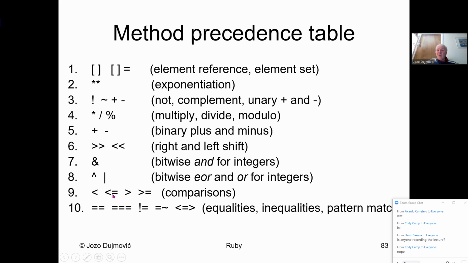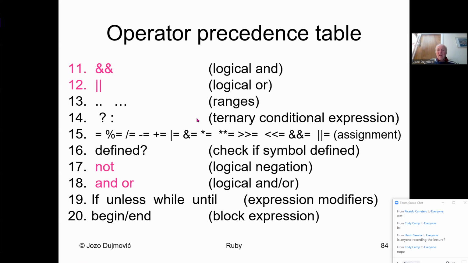Comparisons, less than, equal, etc. Then you have all these equalities and inequalities, and even pattern matching exists to a little bit do things that are similar to Prolog to some extent. Then you have AND OR that are at higher precedence level. That's not AND OR here. So this is not AND OR at lower priority.